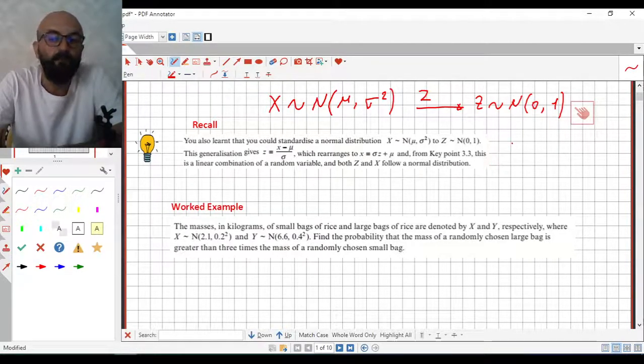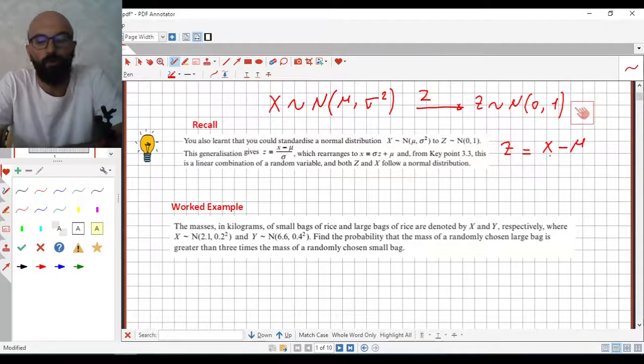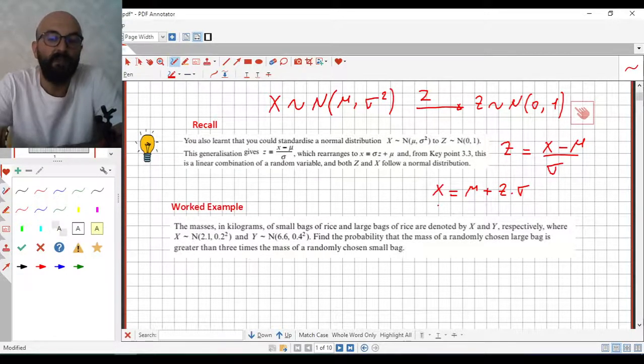When we want to convert to z, we use z equals x minus mu, or expectation, over the standard deviation, or sigma. If we rearrange this equation, x equals mu plus z multiplied by the standard deviation.